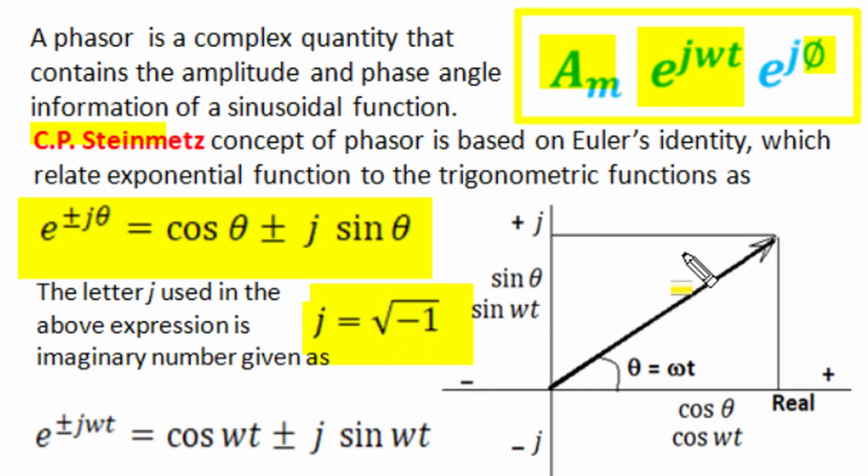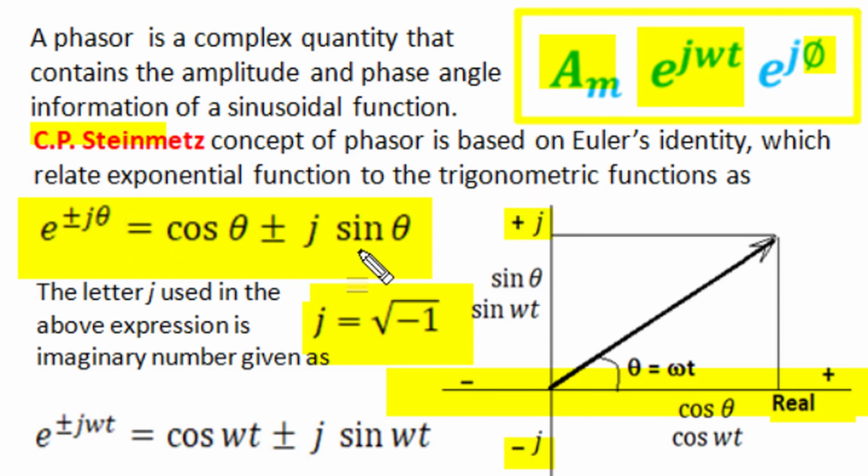On the real number line, this j number is neither between 0 and plus 1 nor between 0 and minus 1. It is nowhere on the real number line. So we have a separate number line called the imaginary number line, and above this horizontal line imaginary numbers are plus j type and below it are minus j type.